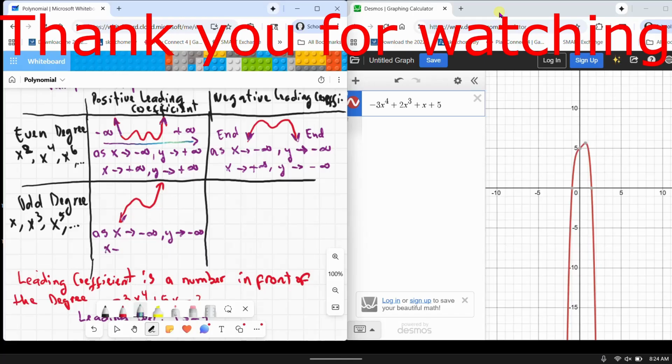And if x goes to positive infinity, y goes to positive infinity. For the negative leading coefficient, as x goes to negative infinity, the function goes to positive infinity. And as x goes to positive infinity, y goes to negative infinity.